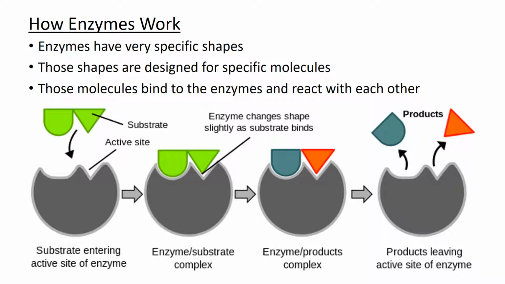Not just any molecule can combine with any enzyme. And those molecules bind to the enzyme and react with each other. Or, as in the image below, a single green molecule binds with the enzyme represented in gray, and by the end of the chemical reaction, that molecule, represented in green, is broken down into two separate molecules. The point here is the shape of that gray enzyme. Notice that it matches perfectly the shape of the green molecule.